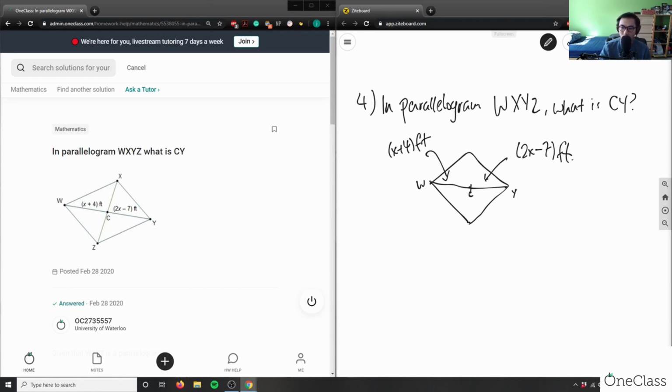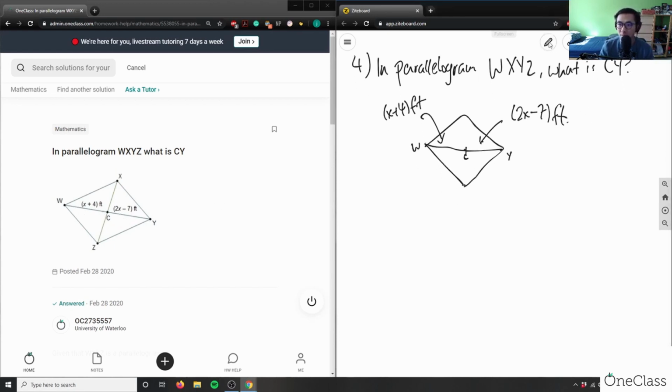So how would we solve this problem? How would I find the length of this parallelogram? Well, let's work this problem out. If I know that the diagonals bisect each other, it means that this length here equals this length here. WC has to equal CY.